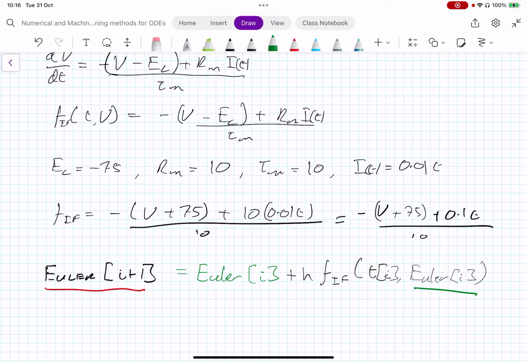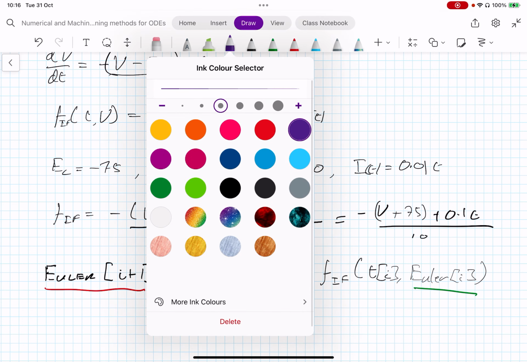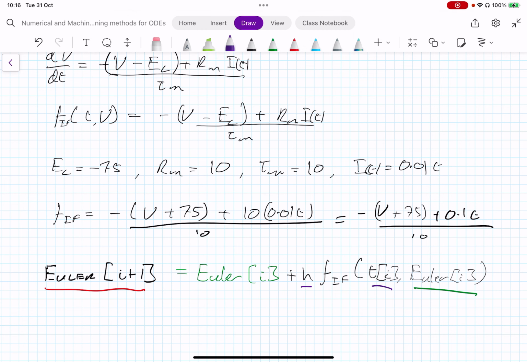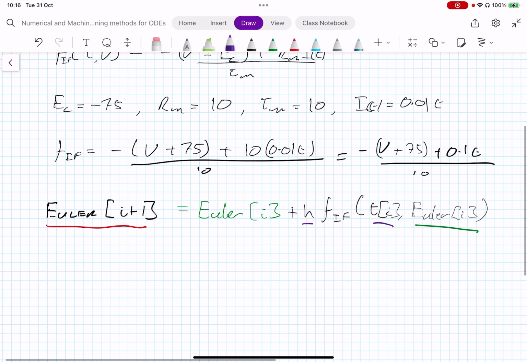So that's the general form of it. So Euler_i is known, t_i is a given, h is a given. So we know everything on the right hand side. And if we want to write out in full, what we have is the future, and this is for i equal to 0 to 899.